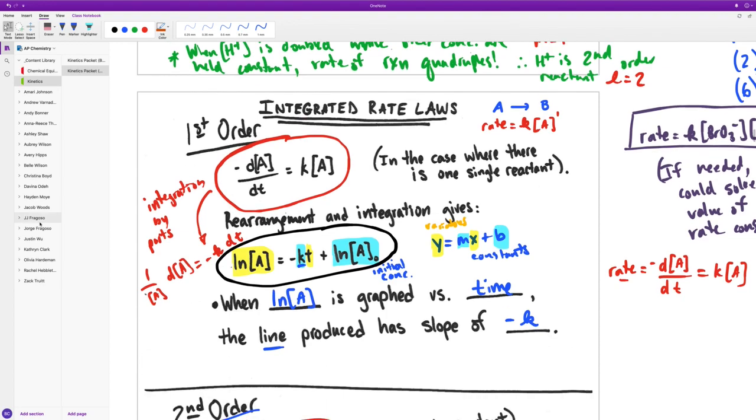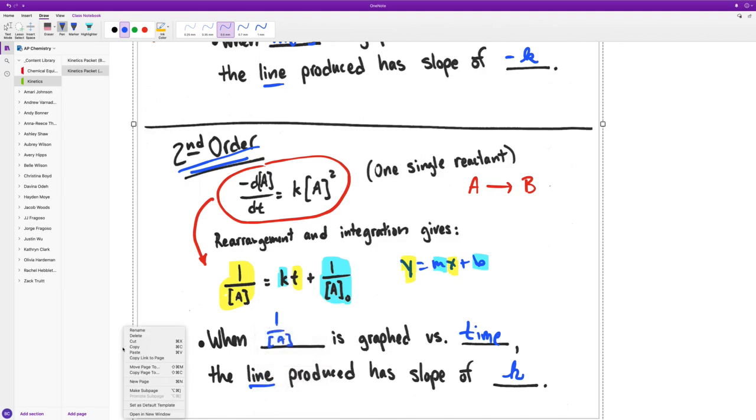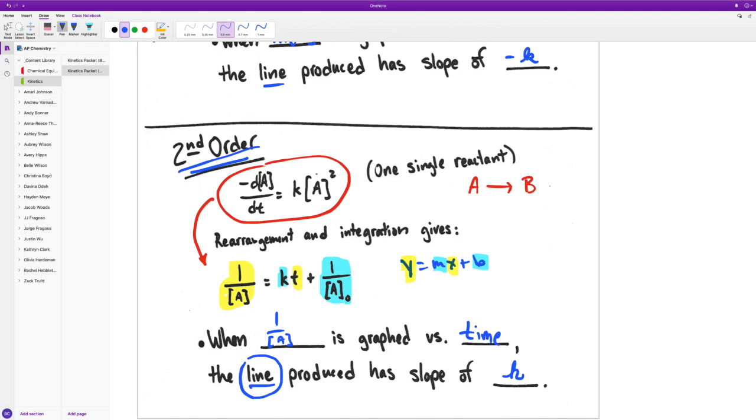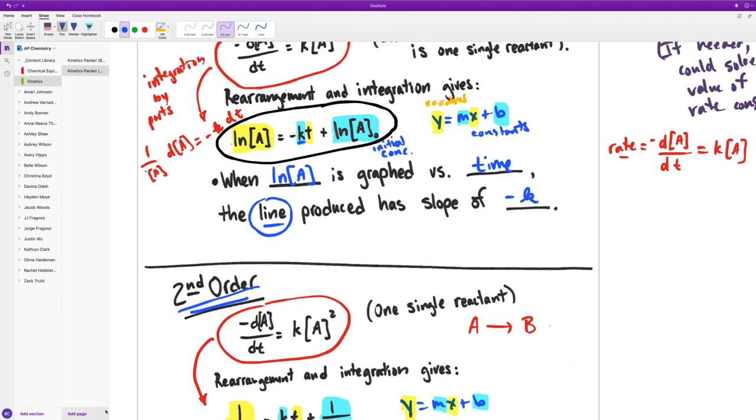And here it's with the natural logarithm of A versus time, and this is the reciprocal of A versus time. Okay, we'll see some examples about how this works in just a moment, so it probably sounds a bit abstract for the moment. But at the end of the day, something that you should take away from today's lesson definitely is you can graph the data to get lines. Now, let me show you kind of the general idea about all of this.